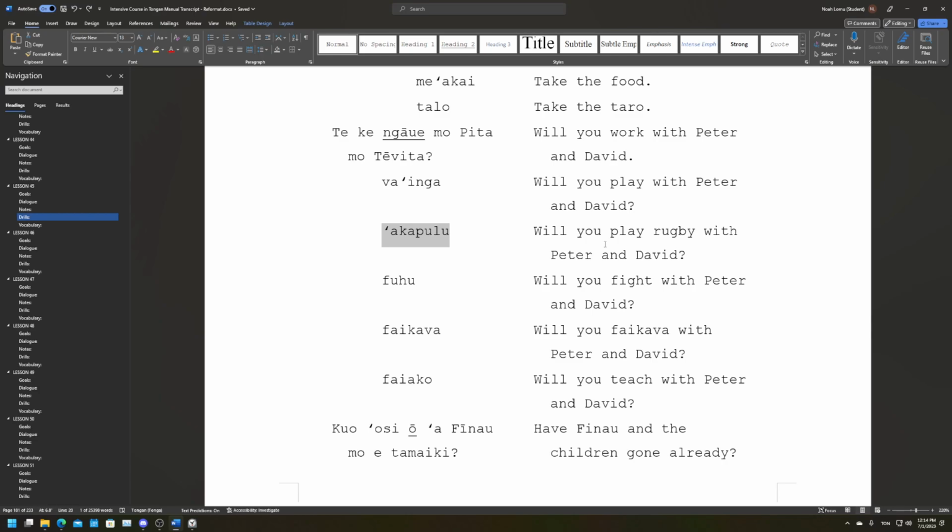Te ke, let me make sure this is te ke. Yeah, so here he just says akapulu. Te ke akapulu mo te vita mo oh, he does. Yeah, this I do. People will just say akapulu instead of tau akapulu. Te ke akapulu mo pita mo te vita.